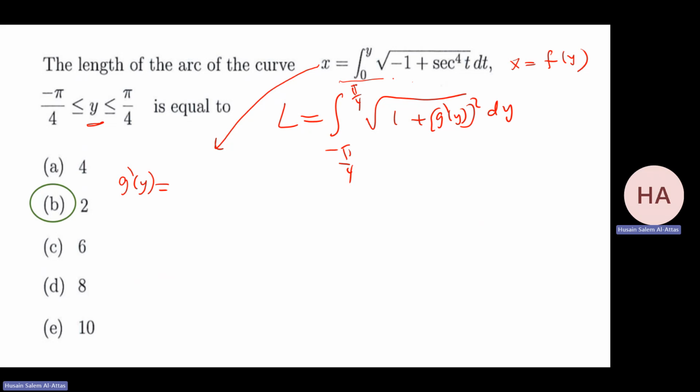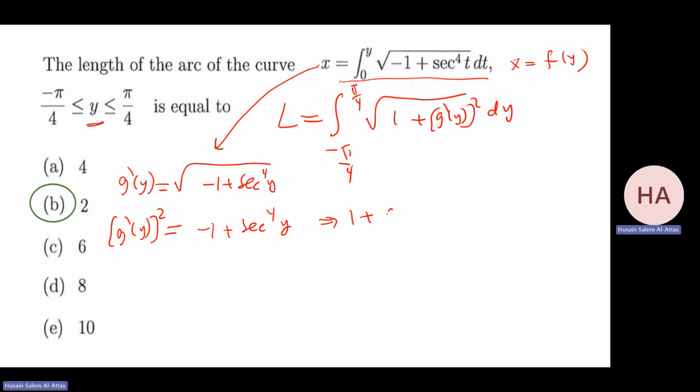I need the fundamental theorem of calculus that gives me square root minus 1 plus secant to the power 4 of y. Now we need to find g prime square. That gives me minus 1 plus secant to the power 4 of y.